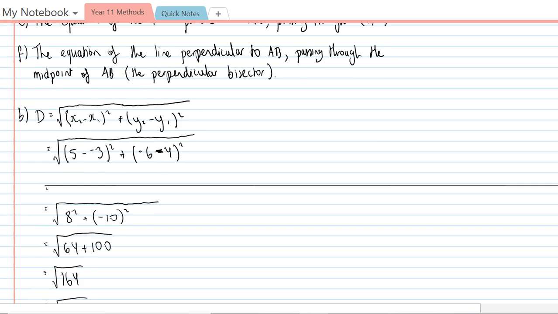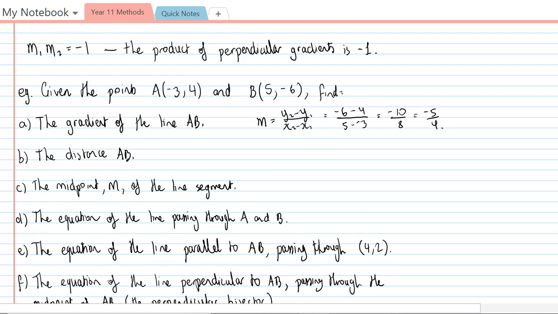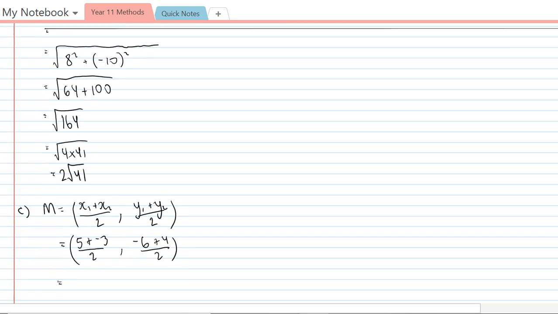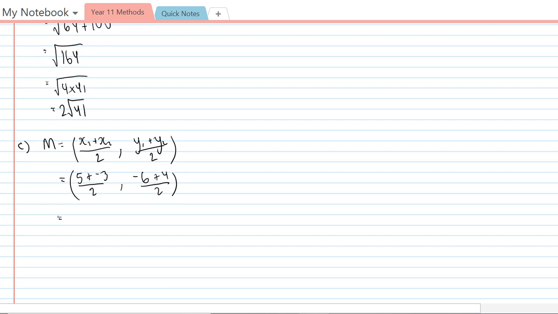Just check that I've got those correct. Yep. Okay, so 5 plus -3 is going to be 2 on 2, which is 1. And -6 plus 4 is -2 on 2, which is going to be -1. That's pretty nice. They worked out to integer values.